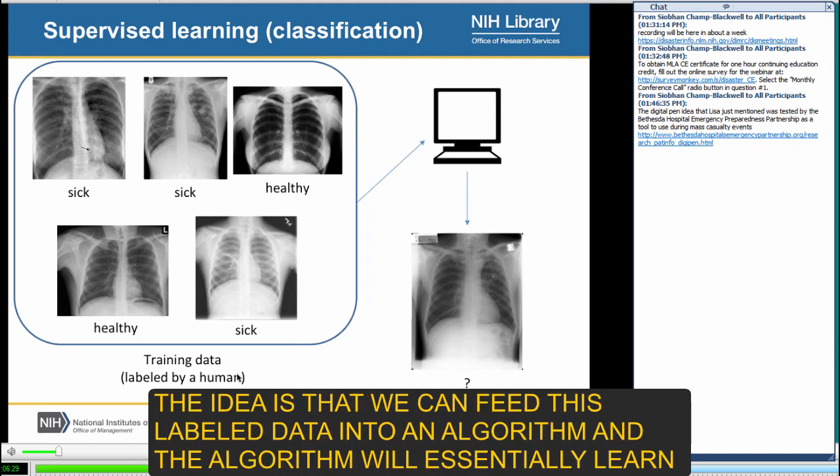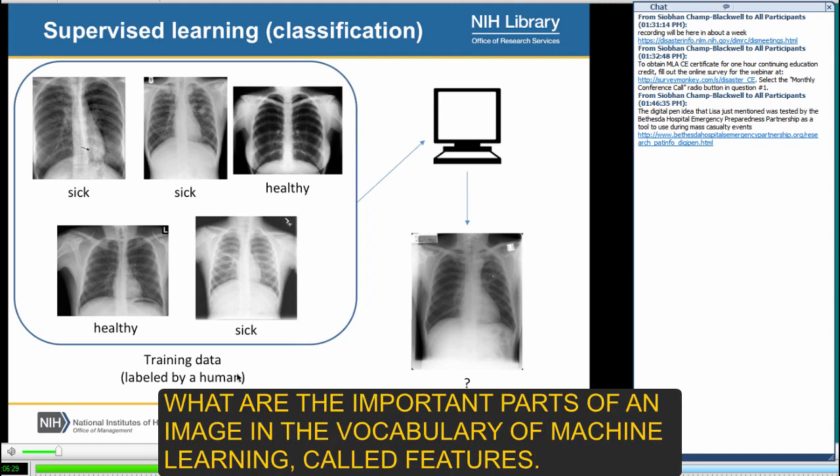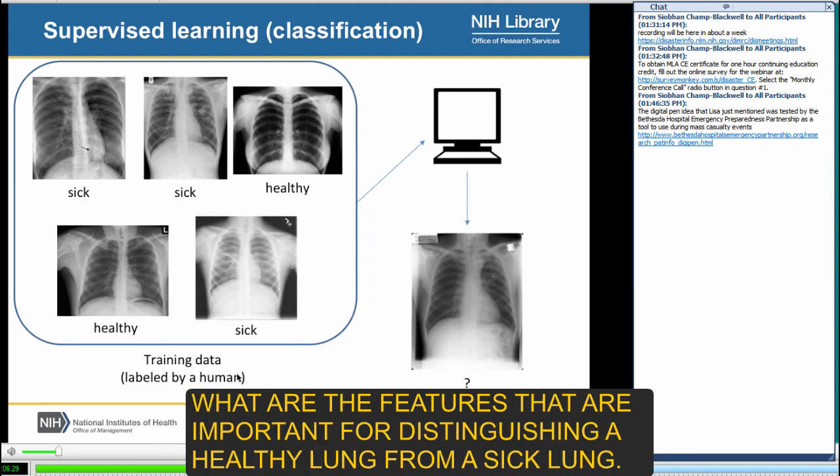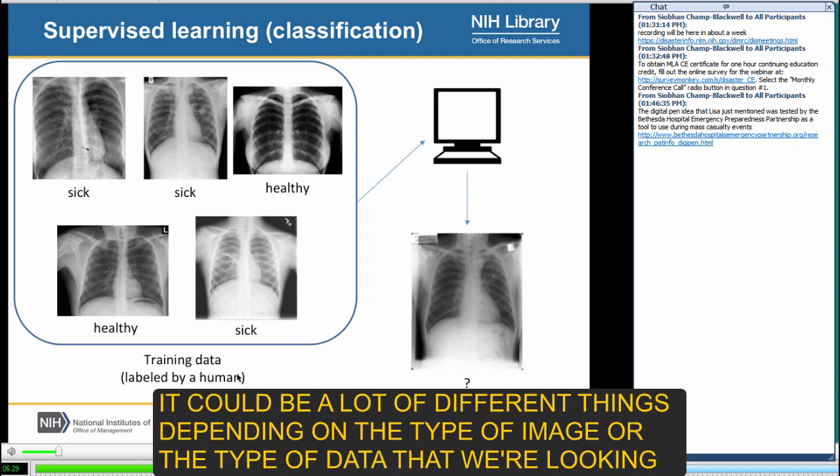And then the idea is that we can feed this labeled data into an algorithm, and the algorithm will essentially learn what are the important parts of an image, or in the vocabulary of machine learning, these would be called features. So what are the features that are important for distinguishing a healthy lung from a sick lung?